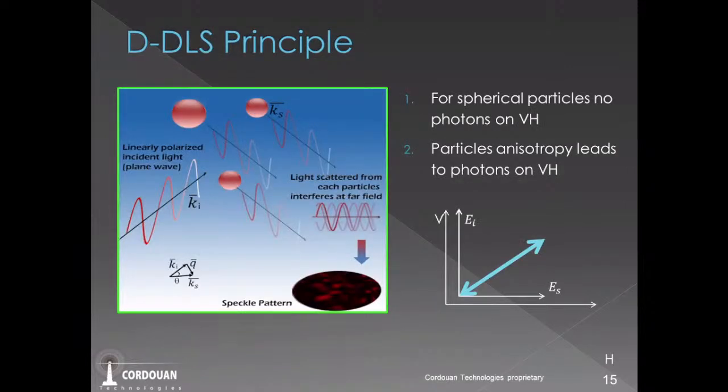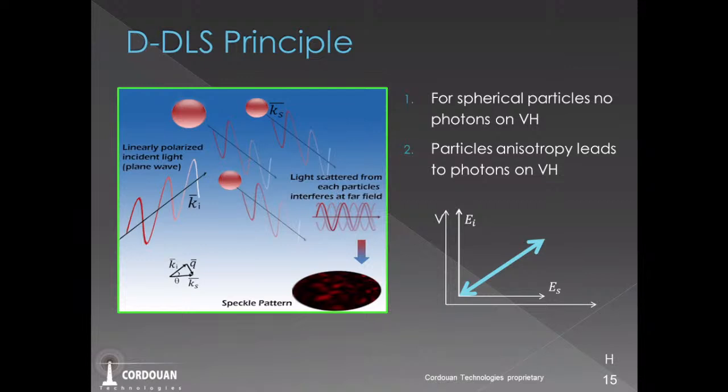So let's try to understand what is happening for the nanoparticles. First thing, the polarization vector is here. You have a light here with the electric field coming into the particles. When the particles are spherical, what is going to happen? All the electrons that meet this electric field are going to move vertically, so they are going to scatter the light vertically. So VV is going to show a very good result.